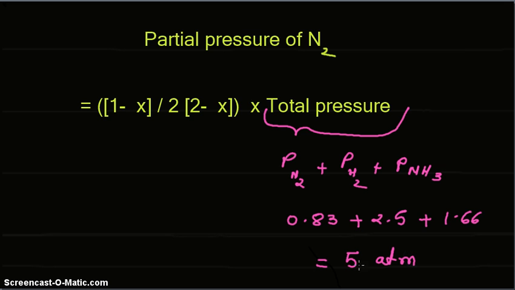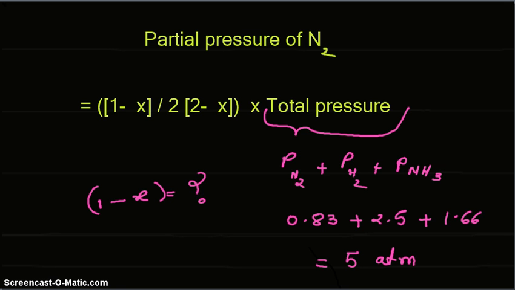This is the total pressure, and we have been asked to find the undissociated number of moles. In other words, we have to find 1 minus x.